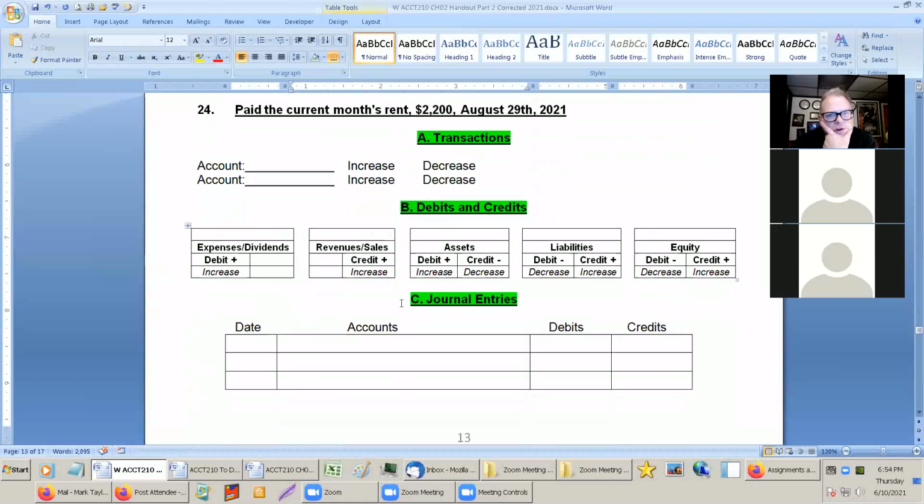Okay, paid current month's rent, $2,200. What did we probably pay them with? Cash. Is the cash going up or down? Down.